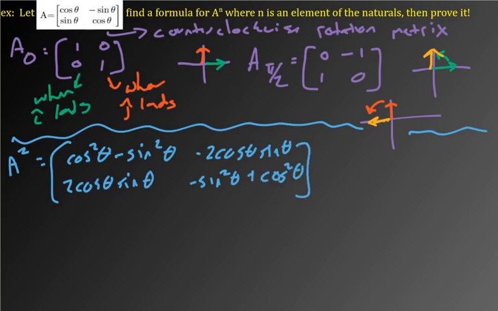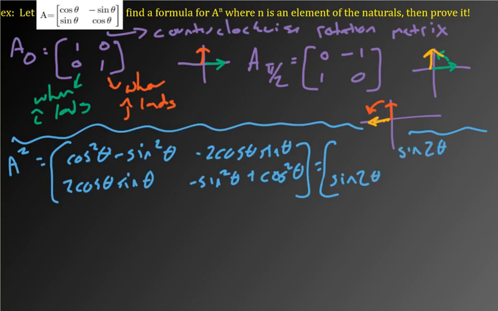And that might not look like there's a pattern, but you have to use some trig identities. So this and this are the famous sine 2x identity. So you have sine 2 theta there and sine 2 theta there.